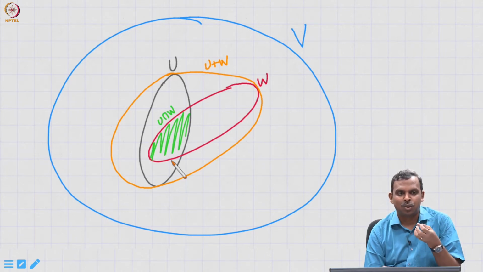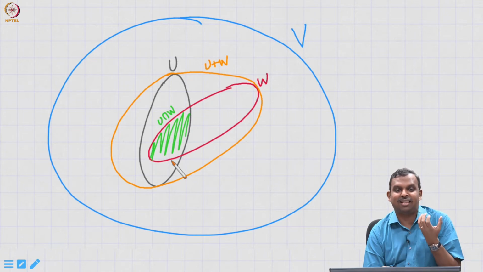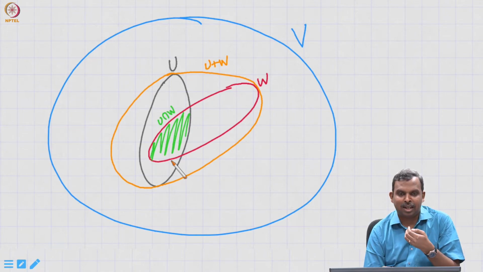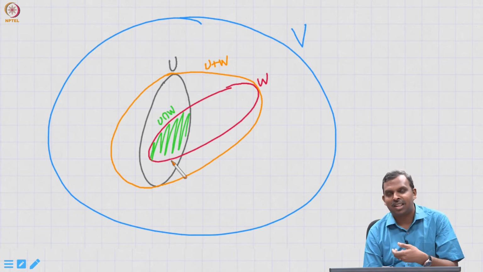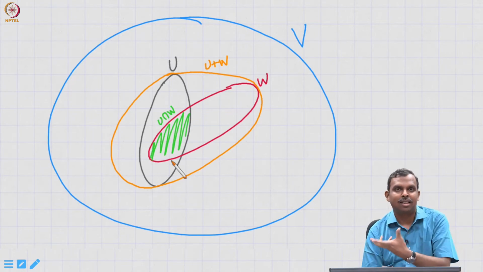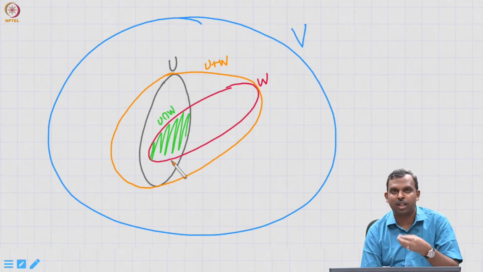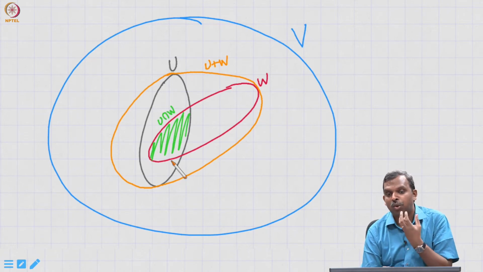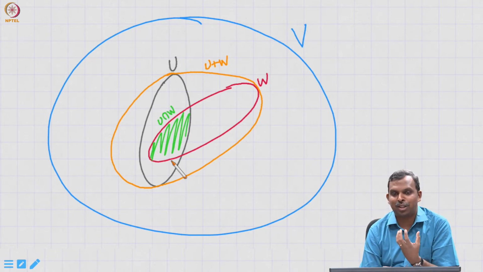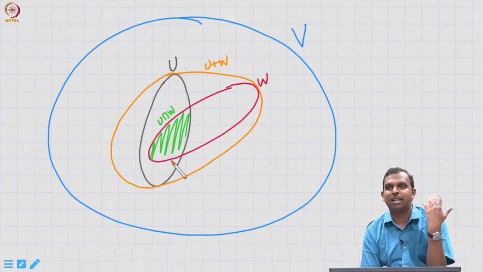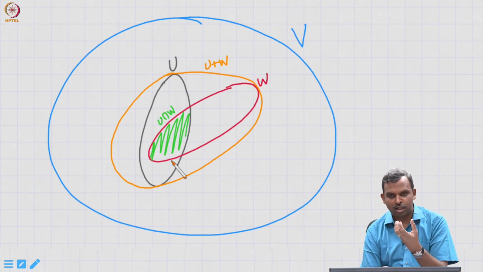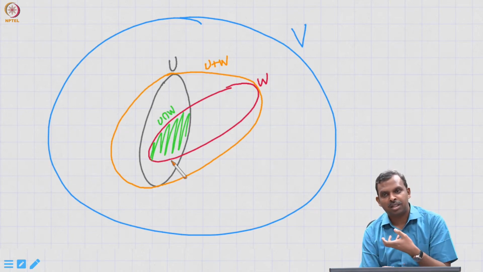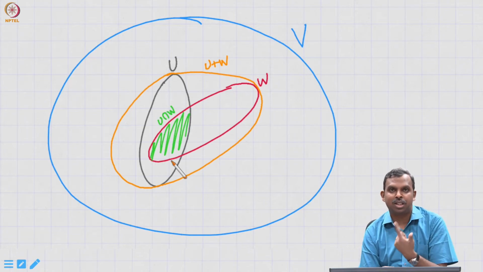So when I say a subspace U has a certain dimension, that is a quantification of how big or the extent of that subspace in some sense, right? And then you have W, which is another subspace, and the dimension of W tells you the quantification of it. And then you have to look at U intersect W. Now that is the quantification of what is common to both. Now when you do U plus W, it's almost like a union, right? So you take all of those things together. You can count all the dimensions in U, count all the dimensions in W, but you would have double counted the dimension in U intersect W.